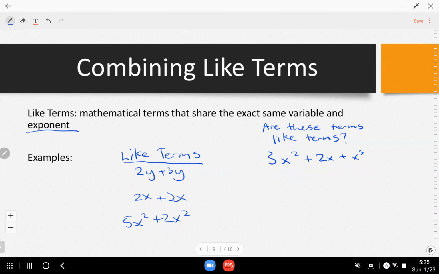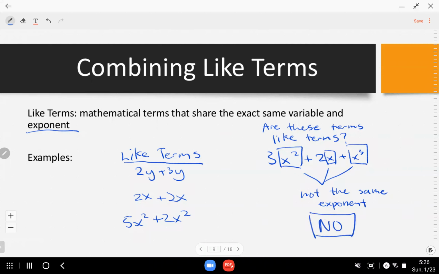We have x squared, x to the first power, and x cubed here, and they are not the same exponent. So the answer is no. These terms are not like terms because they don't share the same exponent.